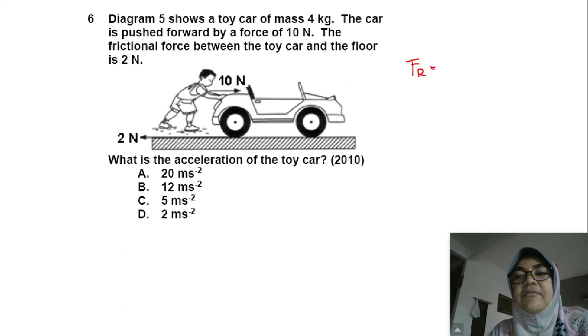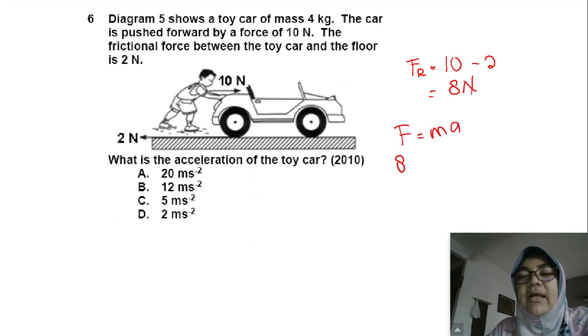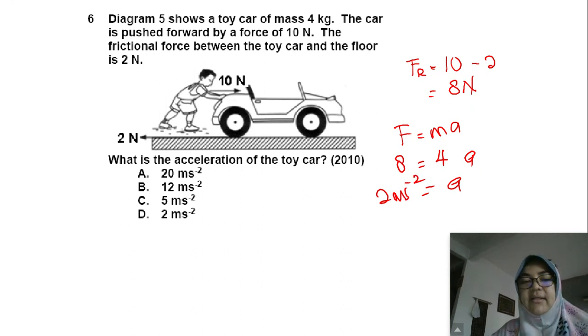So the resultant force is the pushing force 10 Newton minus the friction, which is 2 Newton. So the resultant force is 8 Newton. And by using the resultant force, we use F equals ma. F is 8, m is 4, so a is 2 meter per second per second.